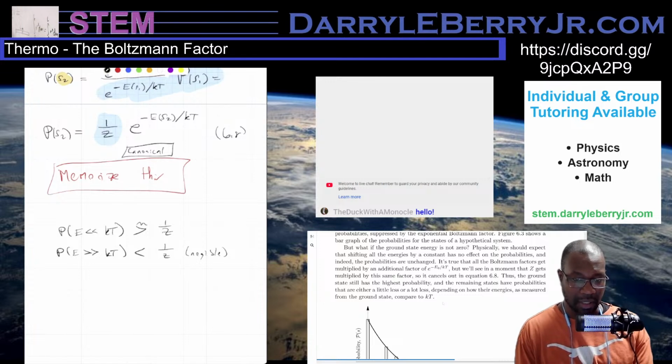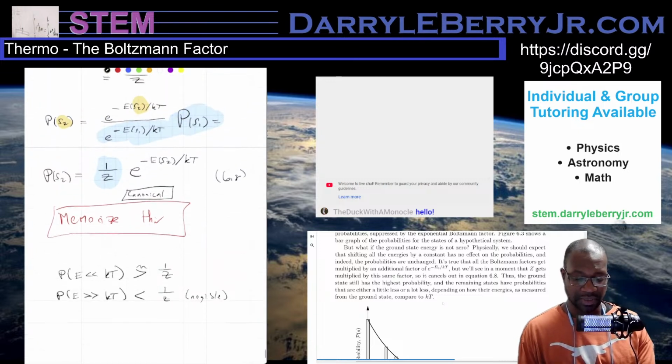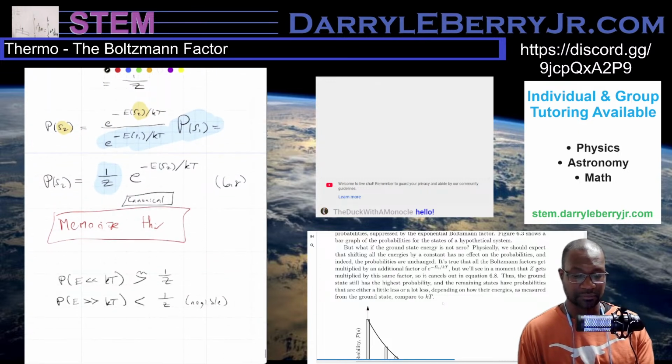It is true that all the Boltzmann factors get multiplied by an additional factor of e to the E naught over KT. We'll see in a moment that Z gets multiplied by the same factor, so it cancels out in equation 6.8. I'm not clear on this one, but we'll see.